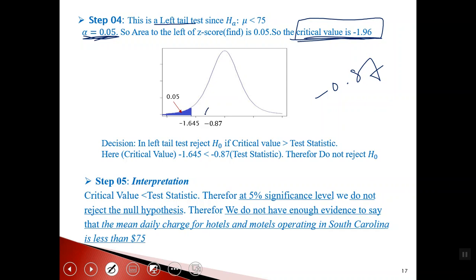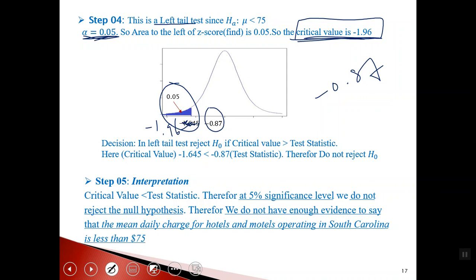Your calculated value is somewhere here, your critical value somewhere here, at 0.05. This value should be negative 1.96. Please make it correct.